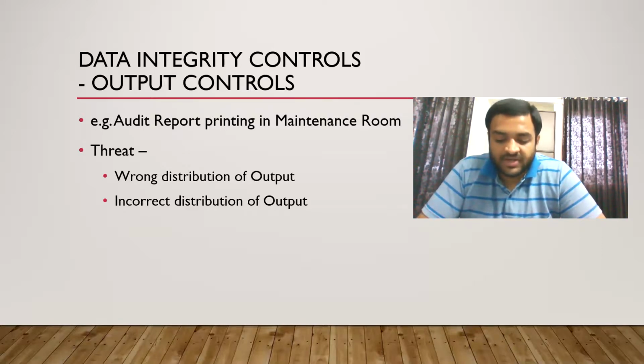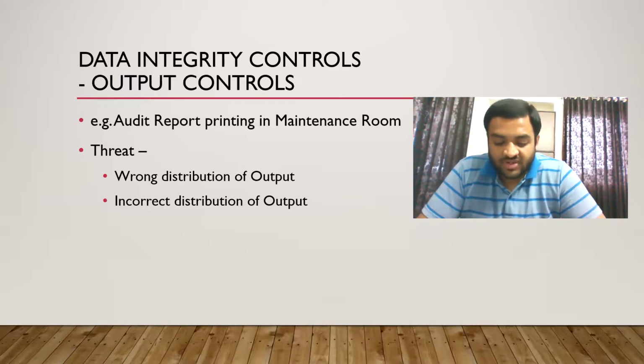Also, if a printer is in the maintenance room and there is another printer at another location, it may happen that you are authorizing a wrong printer to give the output. So what are the threats? Wrong or incorrect distribution of output.